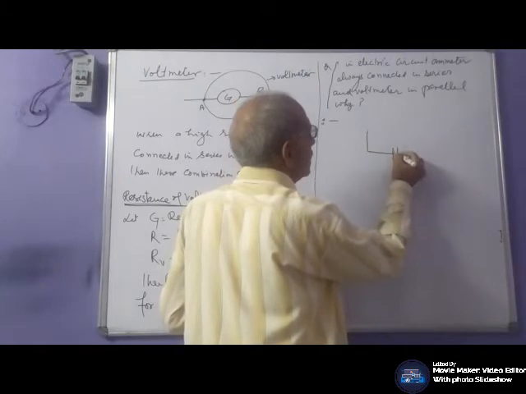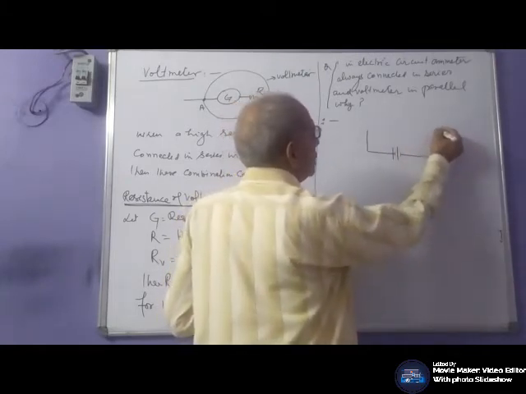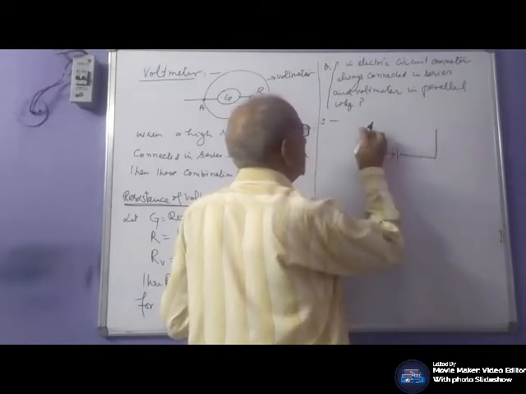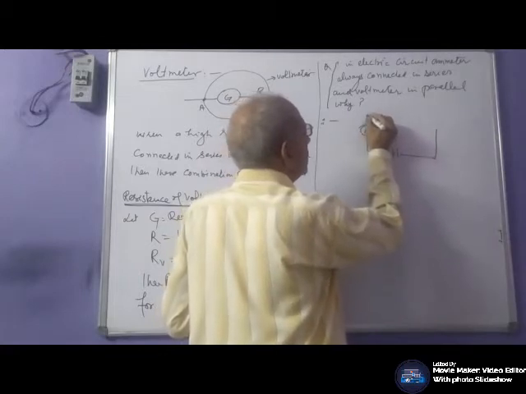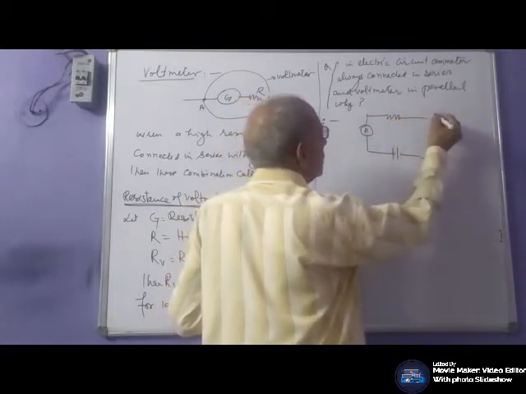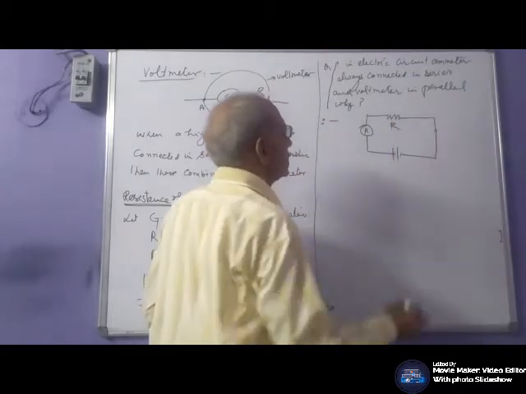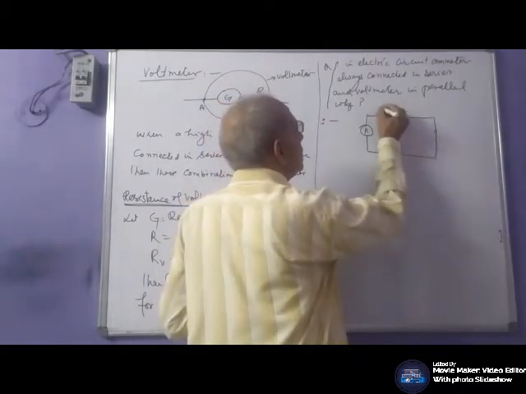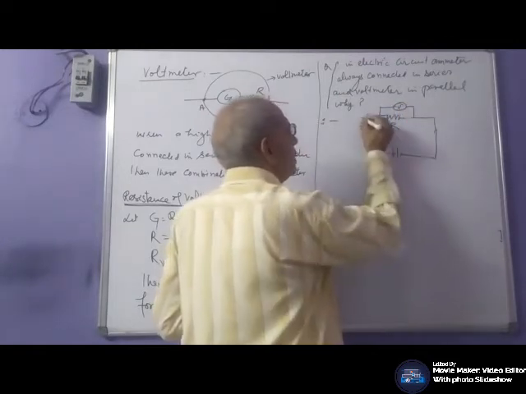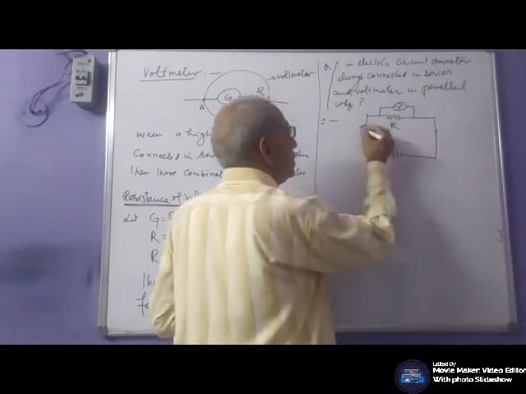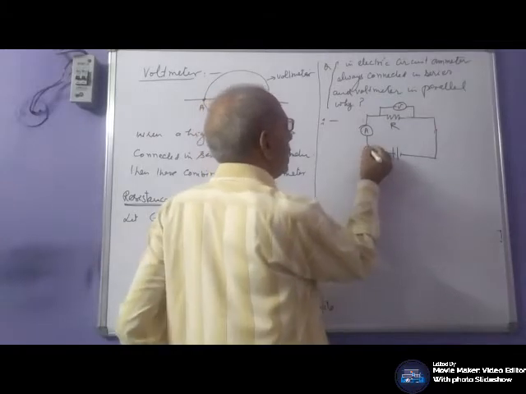This is an electric circuit. This is the ammeter. This is a certain resistance. And this is the voltmeter. The ammeter is in series, the voltmeter in parallel.